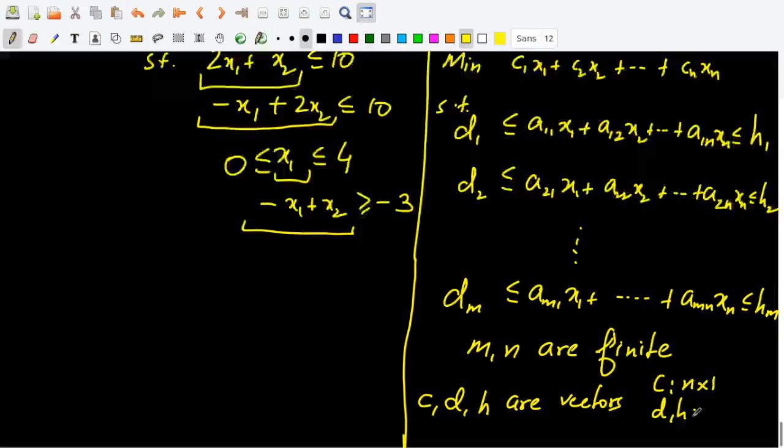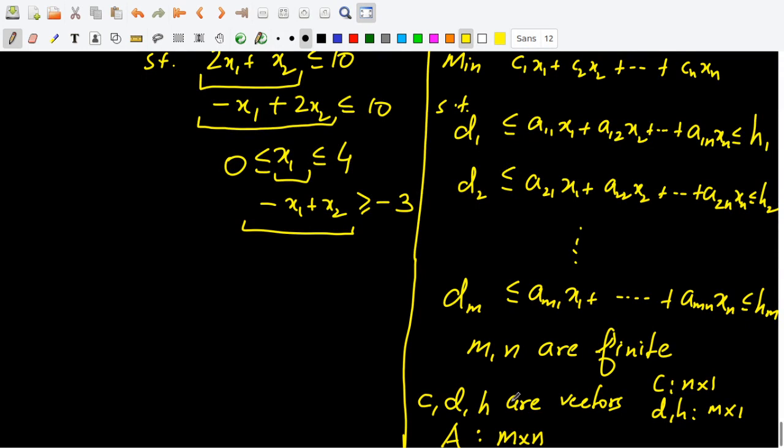D and H are size m cross 1. So that means 1 column and m rows. All these coefficients can be thought of as a matrix which is of size m cross n. Okay, so C, D, H and A are given to us.